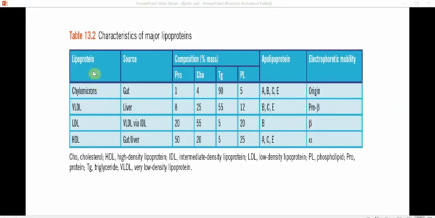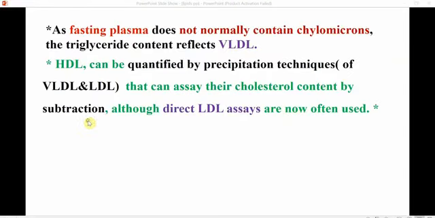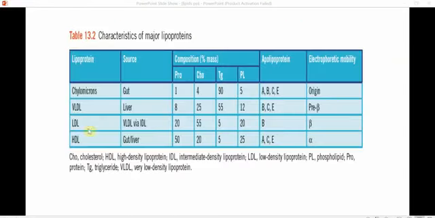Of course, as you see, these have been classified, as we said earlier, into triglyceride rich particles, chylomicrons and very low density lipoproteins, in addition to intermediate density lipoprotein, which is not normally present in a normal assay because it is transient, and the LDL particles and HDL particles, which are the cholesterol rich particles.